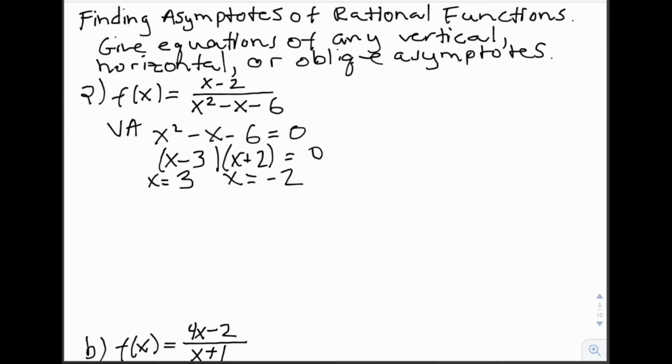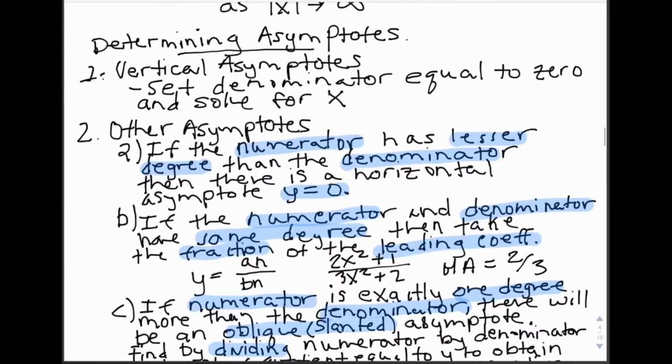Now let's check to see if there are any horizontal asymptotes. Let's look at our rules up here. In this example, it looks like we have the bottom 1 degree more than the top. So if the numerator has lesser degree than the denominator, then there's a horizontal asymptote of y is equal to 0.